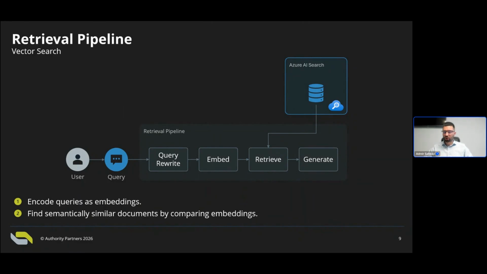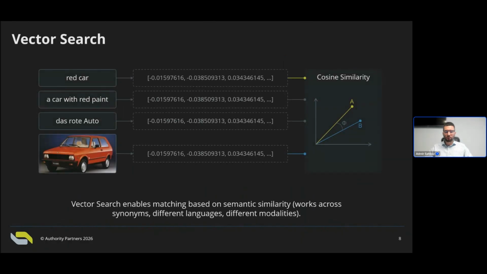That's how we measure the similarity. In other words, we are retrieving the top k most relevant chunks. Ranking in vector search is primarily determined by the chosen similarity metric. On the previous slide we mentioned cosine similarity, but Azure AI Search also supports other metrics, for example Euclidean distance, dot product, and so on.